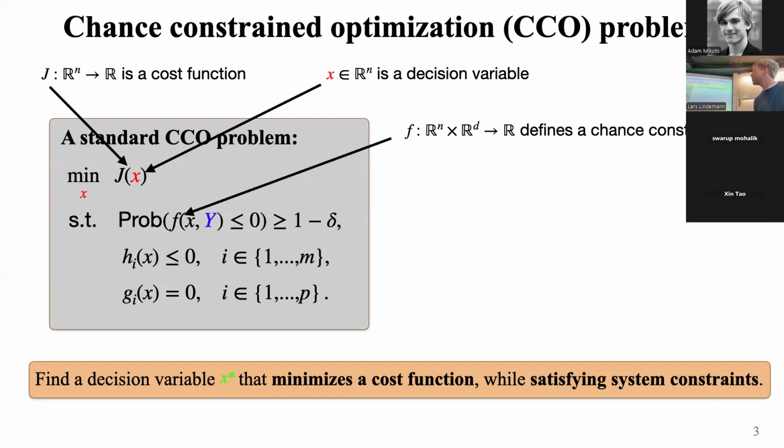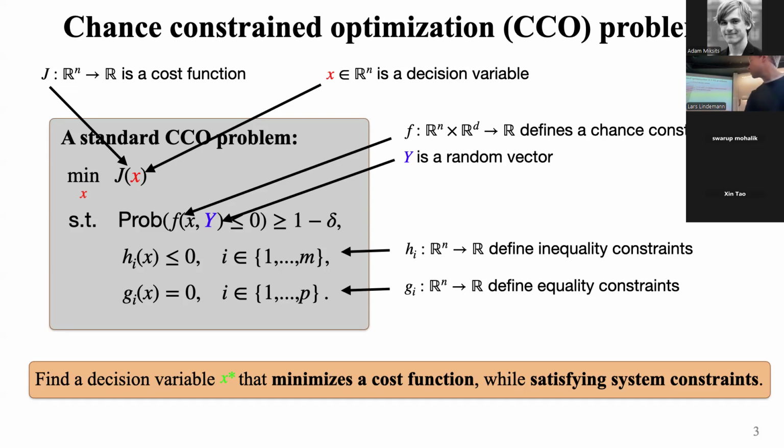Importantly, you have a chance constraint, a probability constraint defined over a constraint function f. The constraint function f is defined over the decision variable and a random vector y. This random vector y very abstractly captures all the uncertainty in your system that you don't know. It could be any distribution.